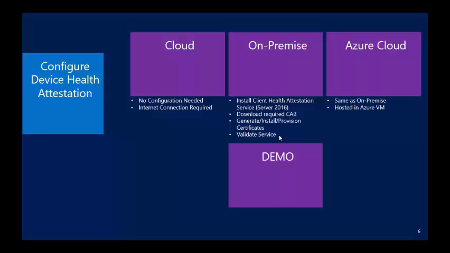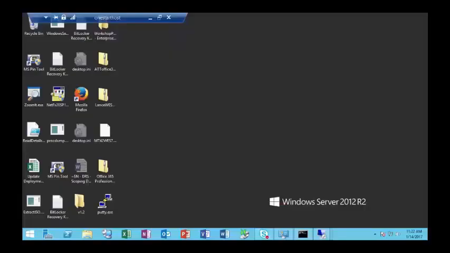So I want to walk through a demo of how we actually go through and configure this. So let me pull in the lab here. All right, so the lab I pulled in. And so to be specific, I've already got Device Health Attestation configured on premise. I'm going to walk through how I did it. There's actually a really, really good TechNet article out there that will walk you through it and give you all of what I'm about to show you.